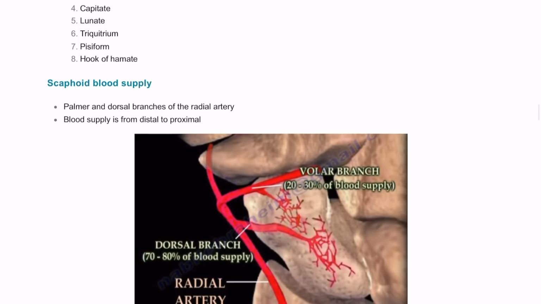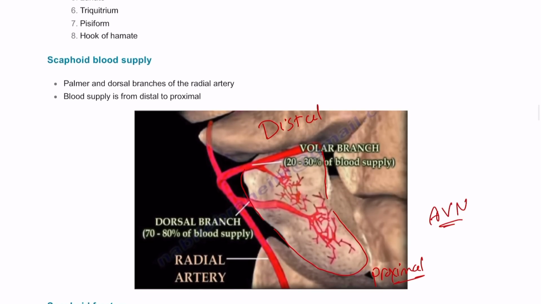The blood supply for the scaphoid, as you look here, this is the scaphoid, usually comes from distal to proximal. That's why the scaphoid is always at risk of avascular necrosis if it has been injured or there is a fracture through it. It takes blood supply from a palmar and a dorsal branch of the radial artery.